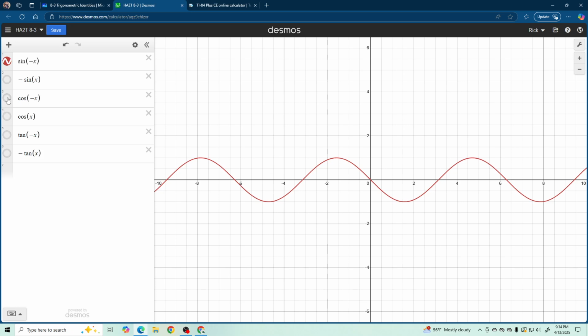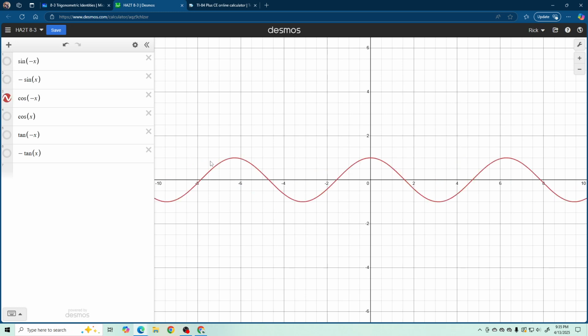If I have sine of negative x, and I know that sine is odd, then this will be the same as negative sine of x. Now you'll notice that we have a red graph here. When I click negative sine of x, it just turns blue, because the negative sine of x graph overrides the sine of negative x graph, proving that sine of negative x is the same as negative sine of x, meaning sine is odd.